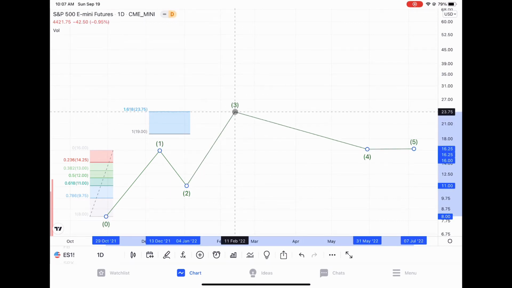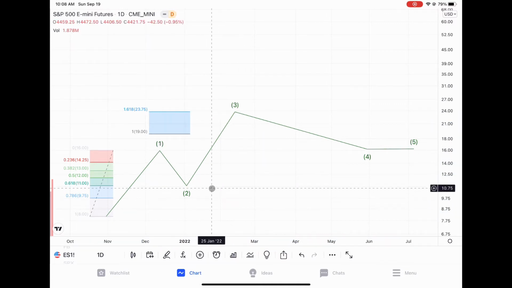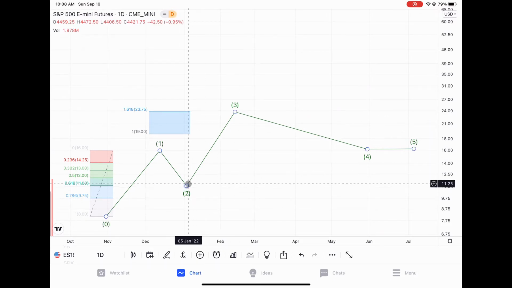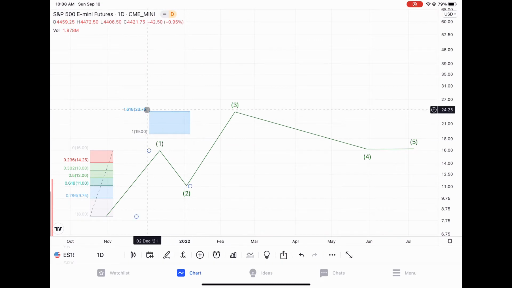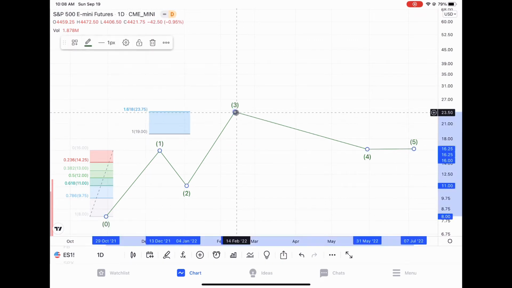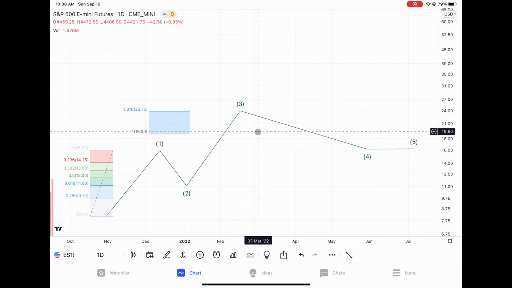And wave three will usually go all the way up to 161%. From 2 to 3, that move is going to be 161 or 1.618, and you hear people talk about that a lot. So your target, if you do targets anyway, should be around $23, $24.